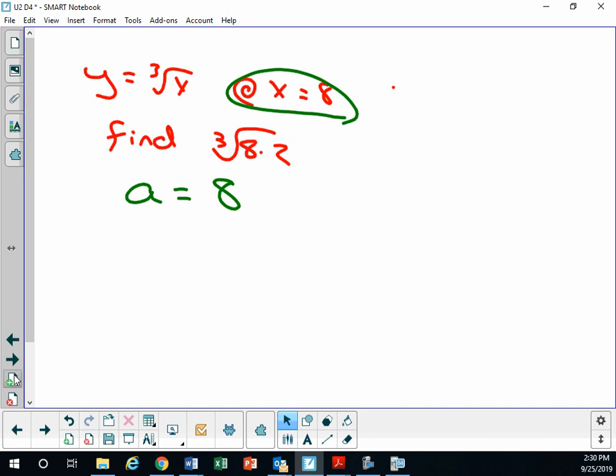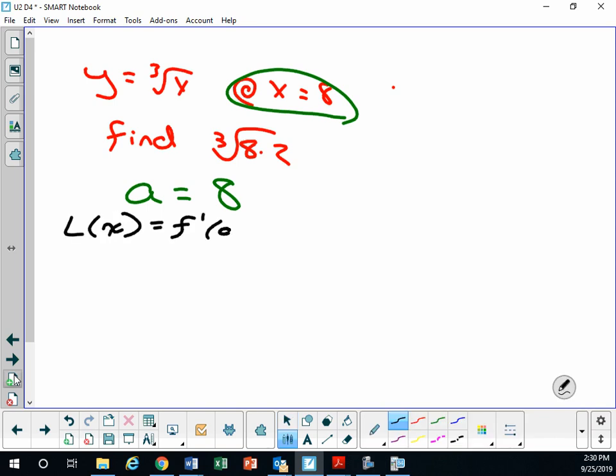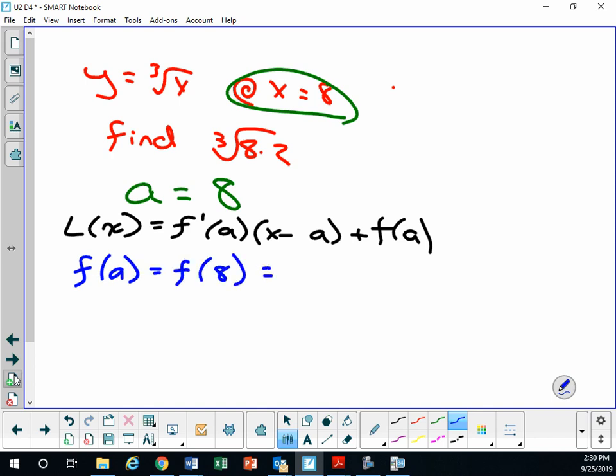So again, I'm going to write my formula. It says L of x equals f prime of a times x minus a plus f of a. f of a is going to be f of 8, which is the cube root of 8, which is 2.